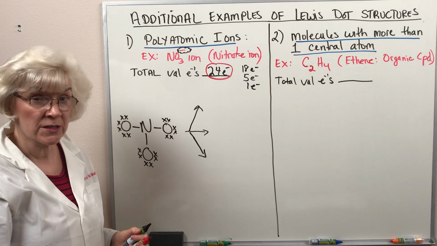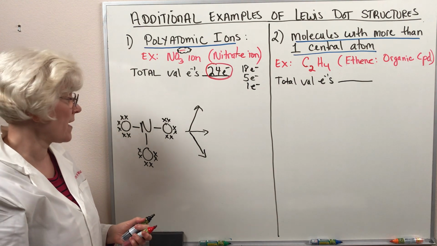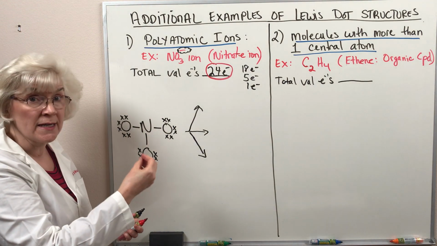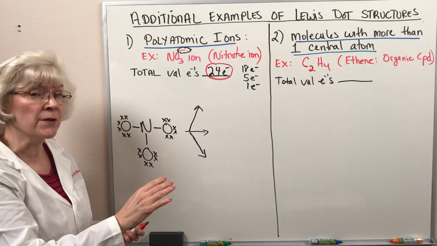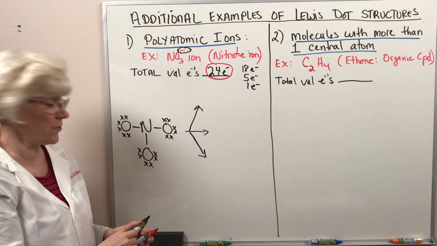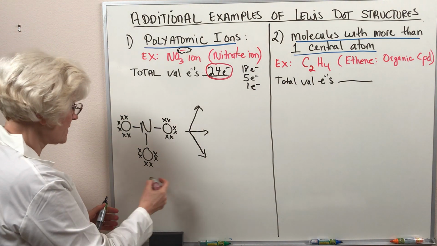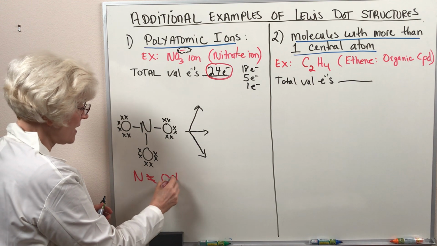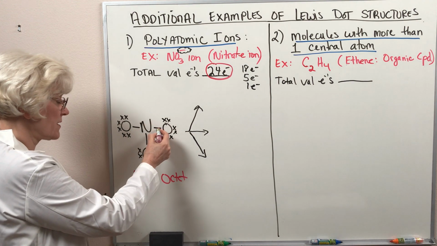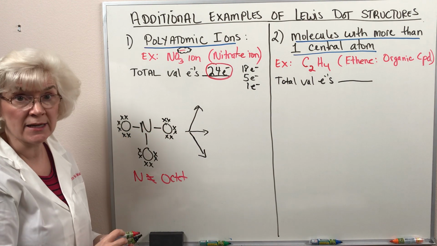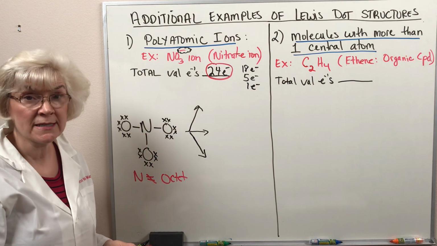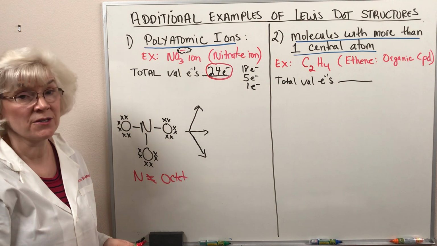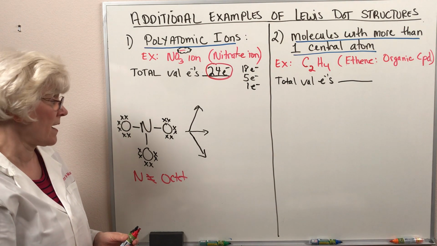So is this the correct structure for the nitrate ion? I hope that as you look at this, it's immediately clear to you that it can't be the correct structure because nitrogen does not have an octet. It only has 2, 4, 6 electrons. It is not satisfying the octet rule, so this is not the correct structure for the nitrate ion.